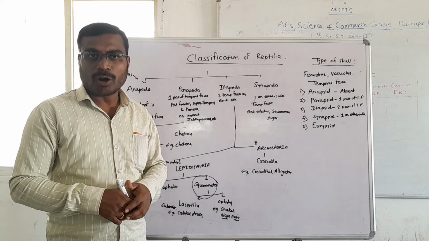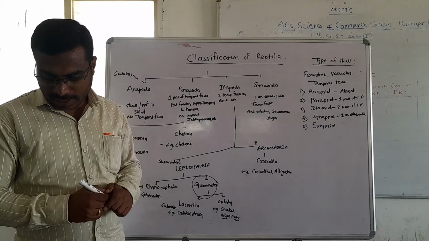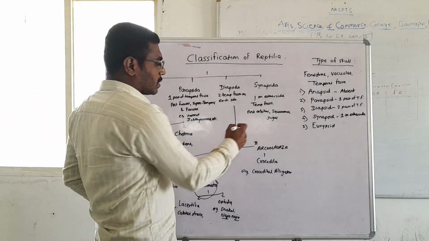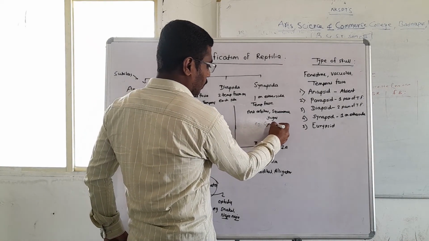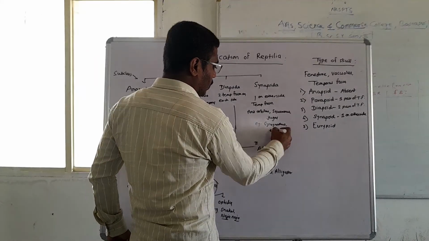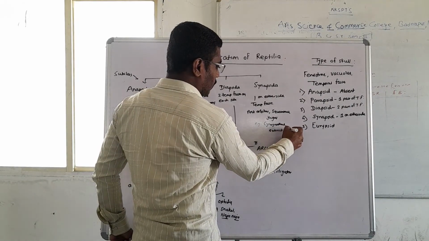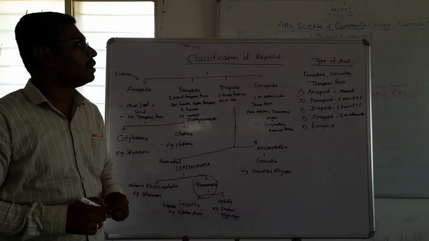It includes all extinct forms, and examples are Cynognathus, mostly extinct forms. In this way, this is the classification of reptilia.